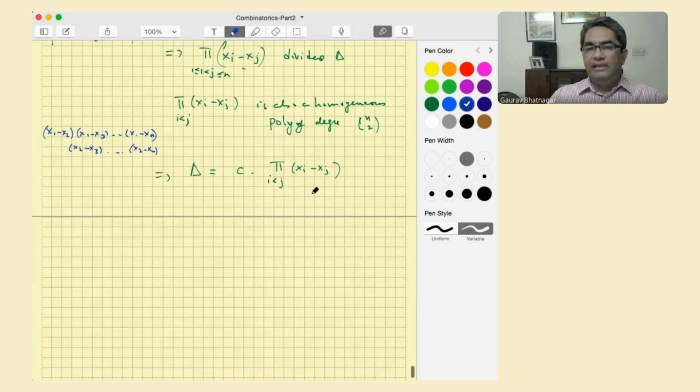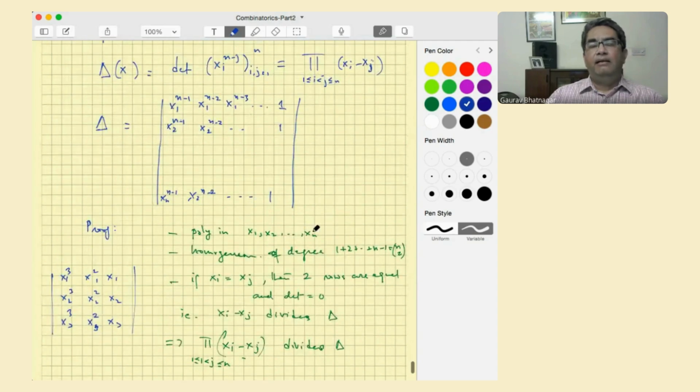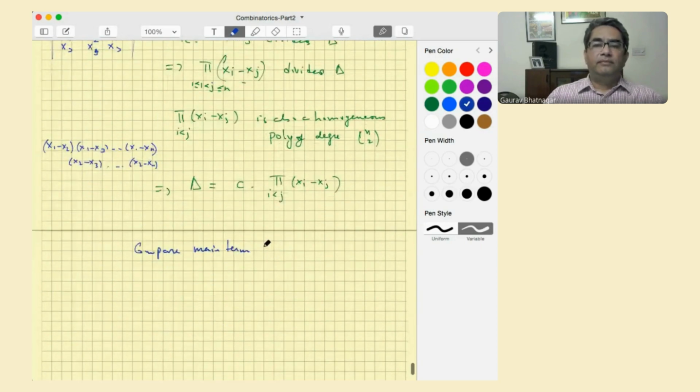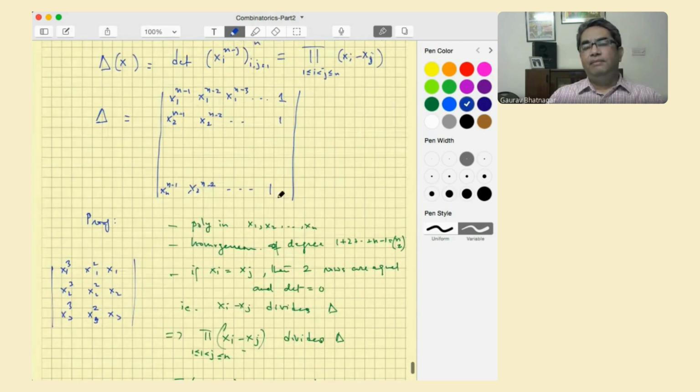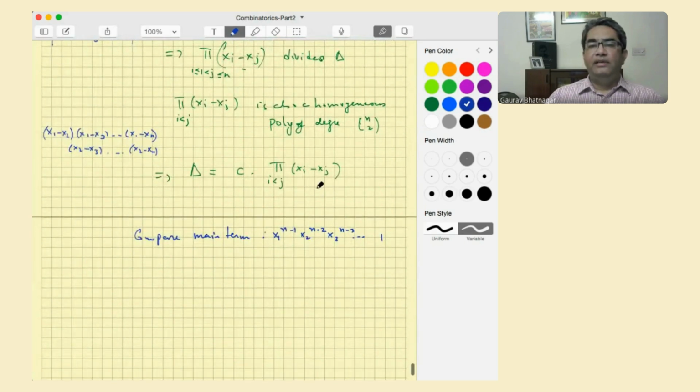So then basically they are the same up to a constant, and now you compare the main term. What is the main term? Compare this diagonal term: x1 raised to the power n minus 1, x2 raised to the power n minus 2, x3 raised to the power n minus 3, till 1. The coefficient is 1 here, and the same thing here.